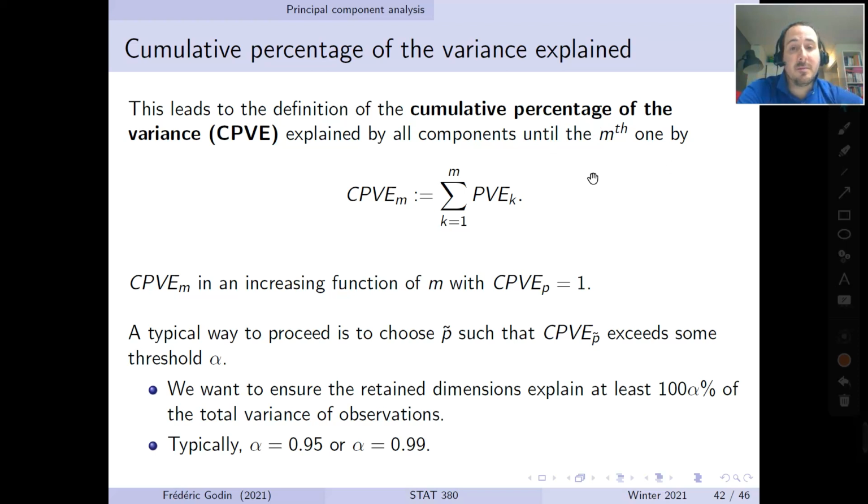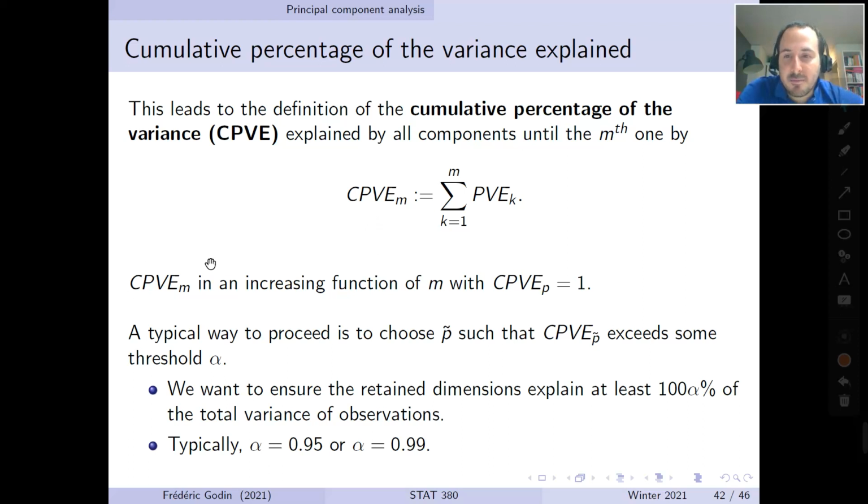And this can be defined simply: the cumulative percentage of variance explained until principal component m is simply the sum of the percentage of variance explained for each component until m. Okay, so this is very logical. These are marginal percentages of variance explained for each component. So if you want the cumulative one until m, you simply sum these up to the mth principal component.